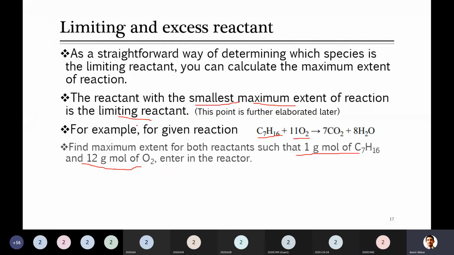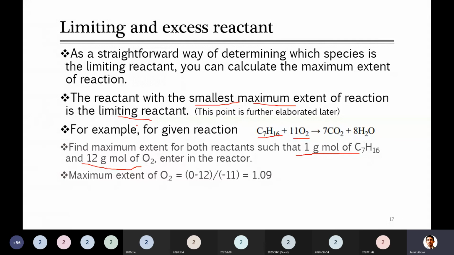Good. So always when I say maximum extent of any reactant, remember that maximum extent is used for the reactants when we are deciding which one is in excess and which one is limiting. So you have to consider that the reactant is completely consumed. Let's find the maximum extent of oxygen. We use the same formula.